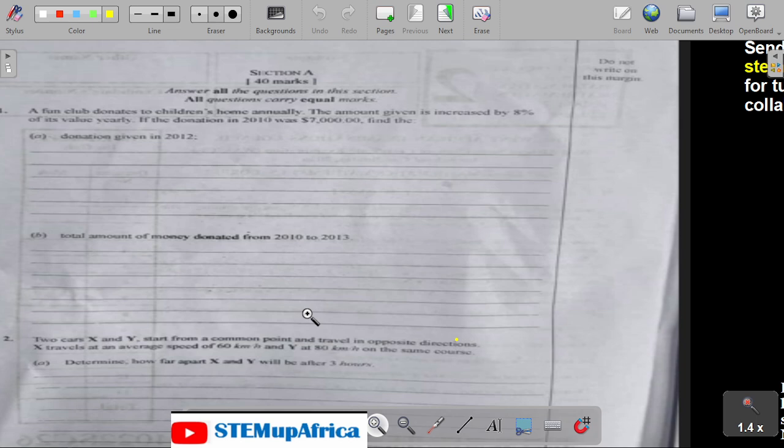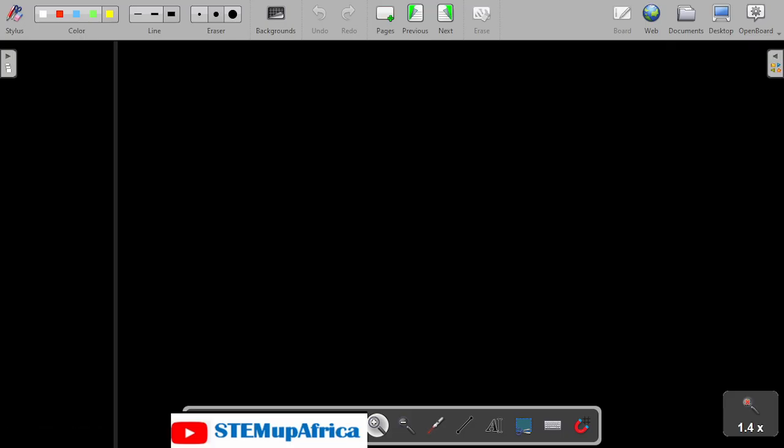That means there will be an increase in 2011 and also in 2012. So let's start from 2010. 2010 is $7,000. Solution to question 1.